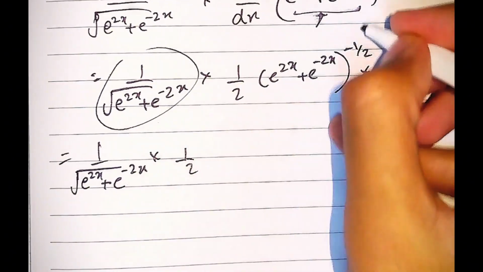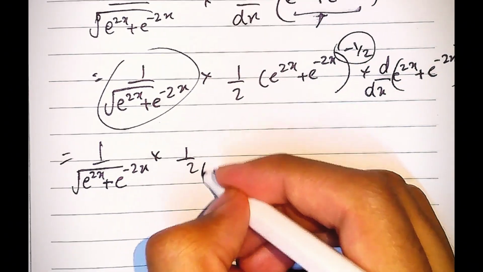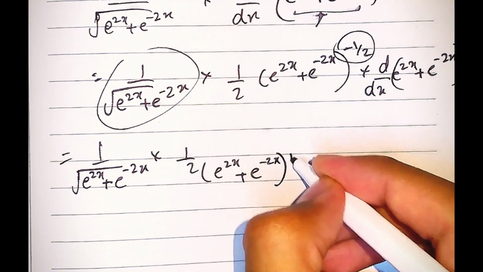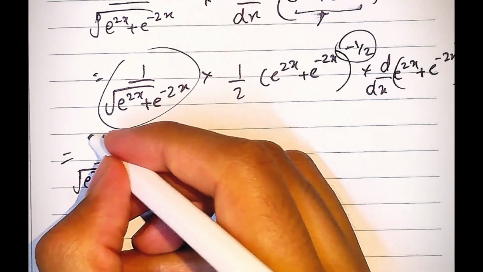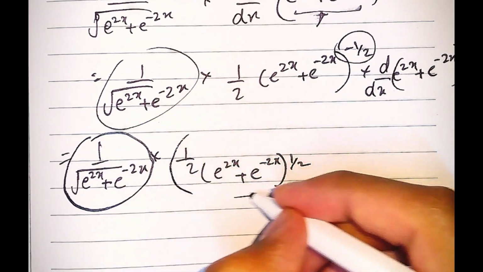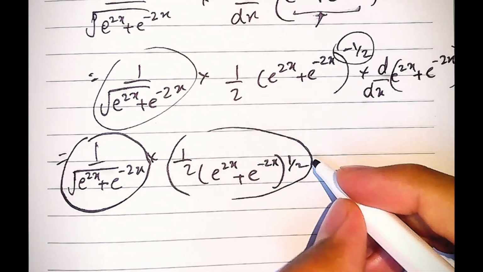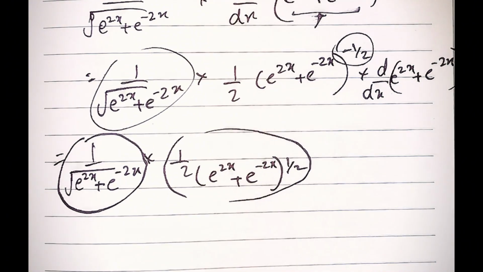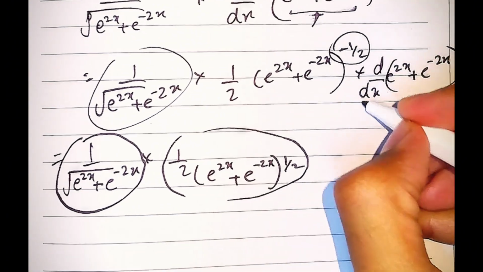Multiplied by 1 divided by 2. Now this is actually in the negative form, so we can separate it: (e^(2x) plus e^(-2x)) 1 divided by 2. Just as a note, this term and this term will be left as it is until it is cancelled by something else from this term, or it will be just written as it is in the answer. Let me solve this on a separate page.